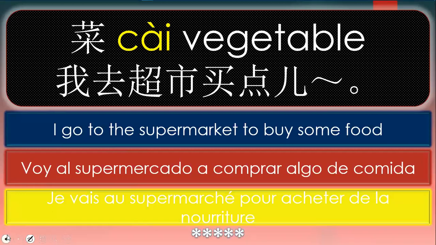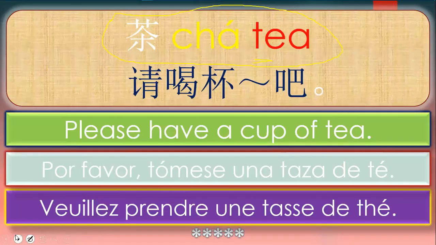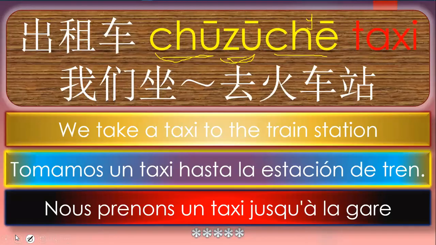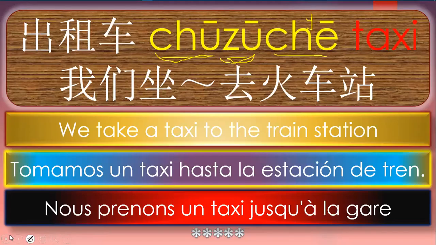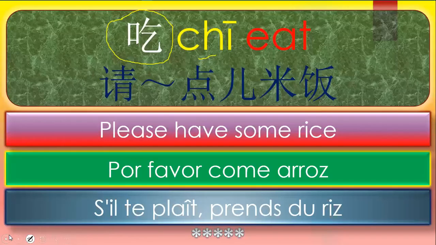Now let's have a little bit of a quiz. How do we say vegetables? 菜. Yes, very good. How do we say electricity or electric? 电. Very good.